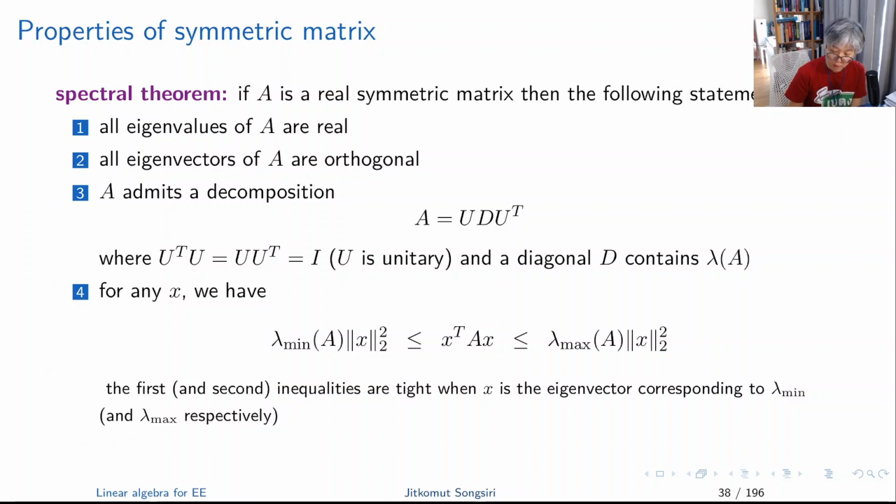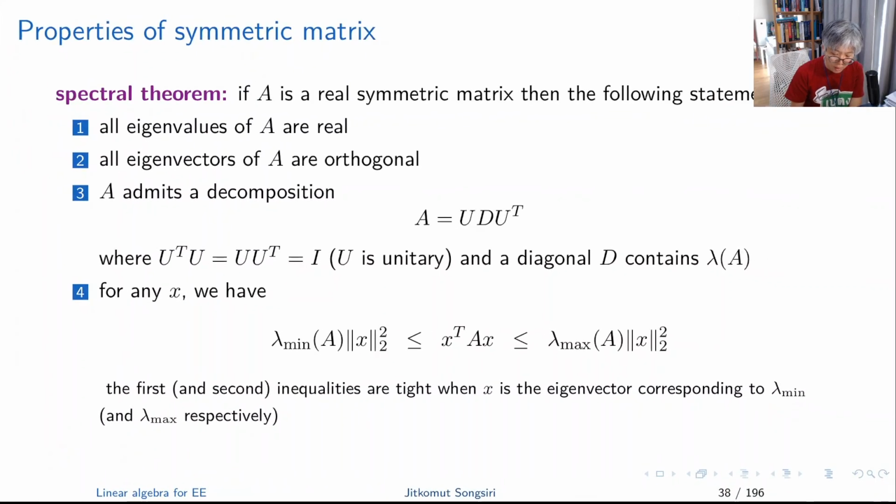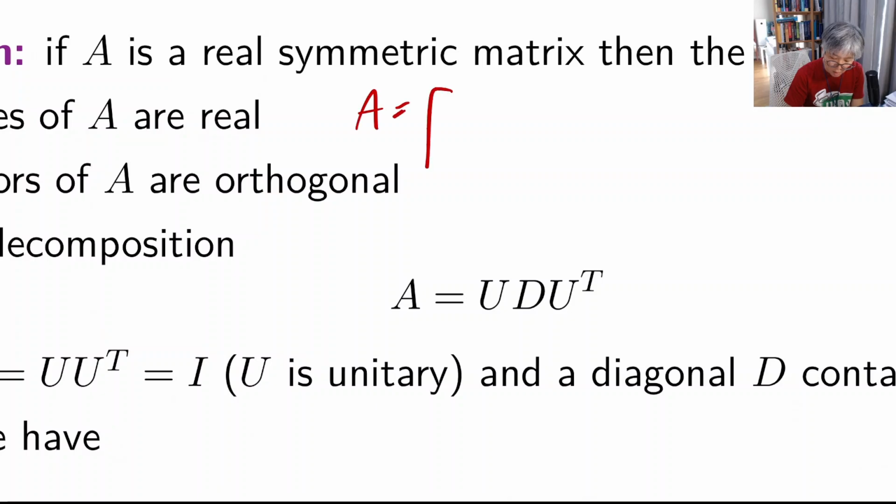Let's talk about the crucial results here. Actually, it turns out that the symmetric matrices have a nice property. First, all eigenvalues are real. Let me point out that when A is square, eigenvalues of A don't have to be real all the time.